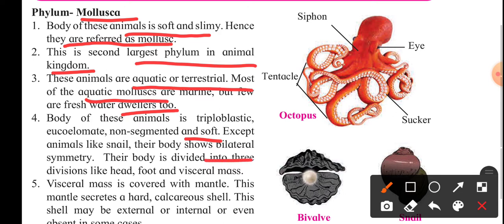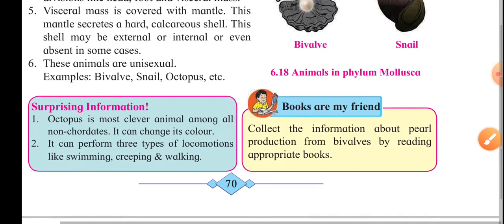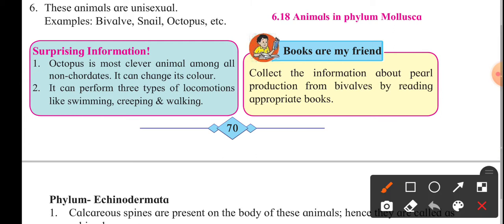Their body is divided into three divisions: head, foot, and visceral mass. The visceral mass is covered with a mantle. This mantle secretes a hard calcareous shell. This shell may be external or internal, or even absent in some cases. Further, these animals are unisexual, and examples given here are bivalve, snail, octopus, etc.